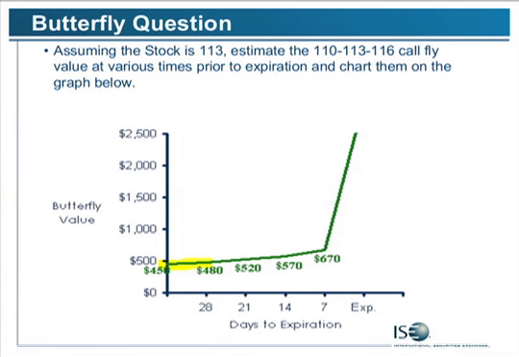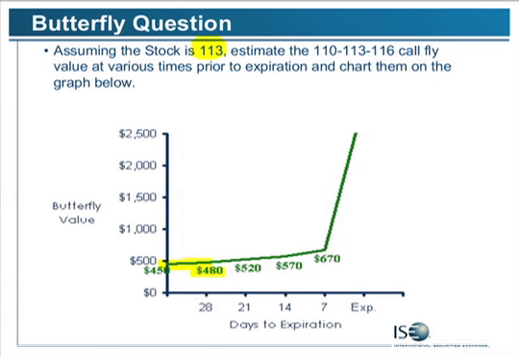As that first week, just about that first week passes, the value becomes approximately $480, assuming that the underlying stays around the 113 level where it was when we put the trade on, okay? Now, not all that exciting. Your trade is up $30. That's great, but you know, that's not even going to cover your commissions possibly. All right, let's keep going.